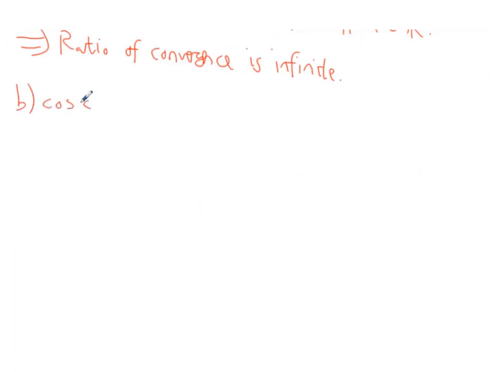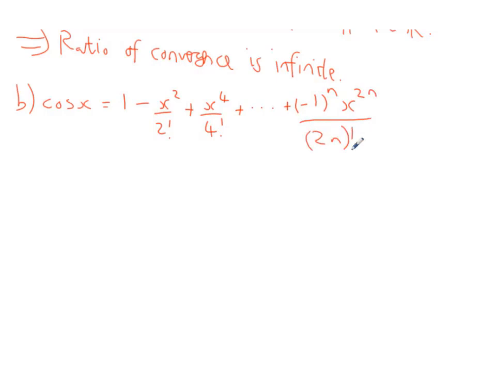Remember, cos x equals 1 minus x squared over 2 factorial plus x to the 4 over 4 factorial plus dot dot dot plus minus 1 to the n x to the 2n over 2n factorial. And we know that that is the exact expansion because we've done all the stuff with the error term.